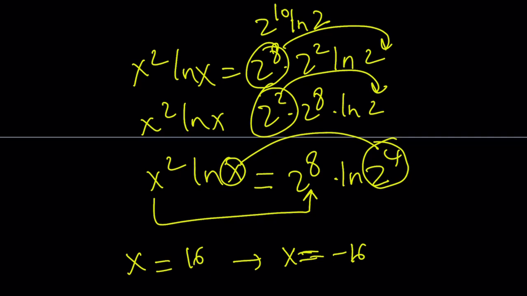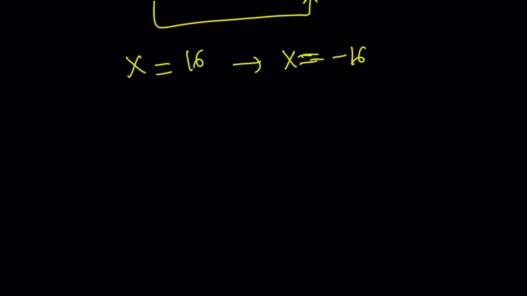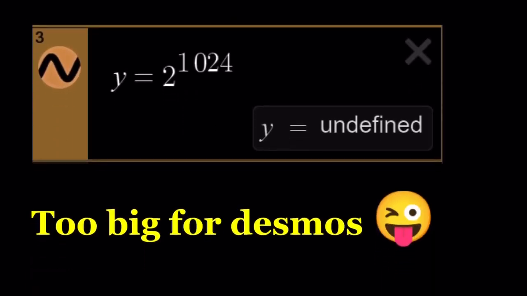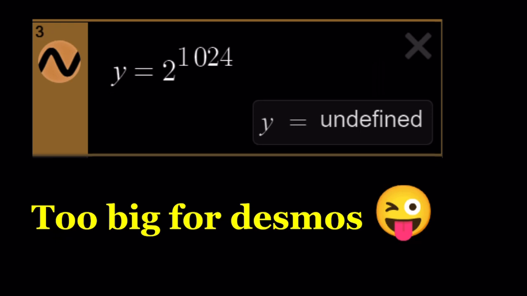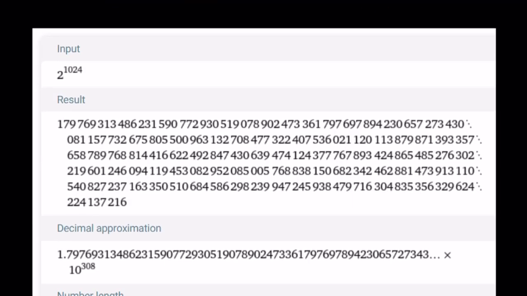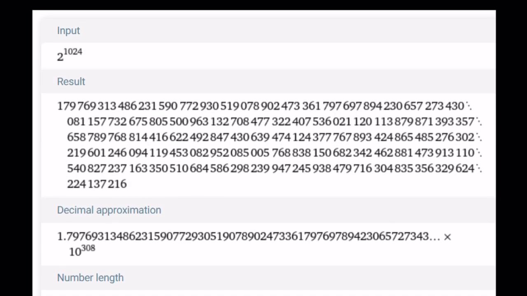Great, so here's another question. Is 2 to the power 1024 a big, large number? Let's find out. According to Desmos, it is undefined. This number is probably too big for Desmos, maybe, I don't know, but it just calls it undefined. But let's take a look at Wolfram Alpha, and that gives you the exact value.